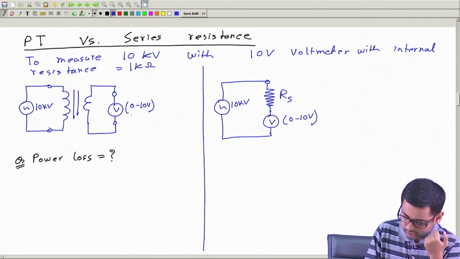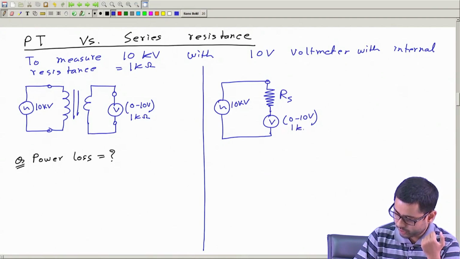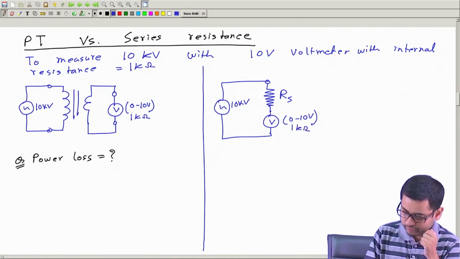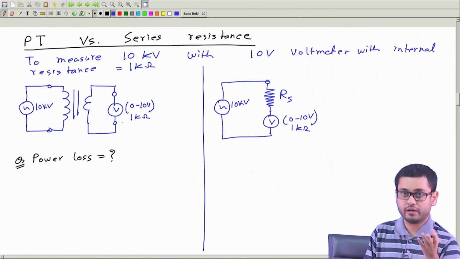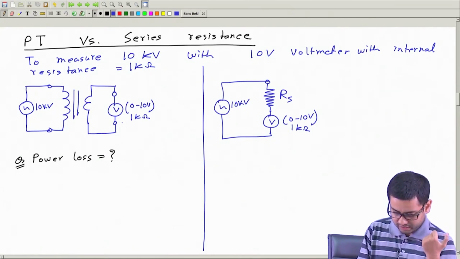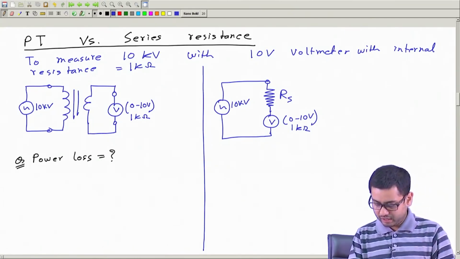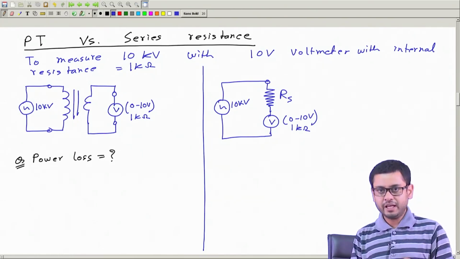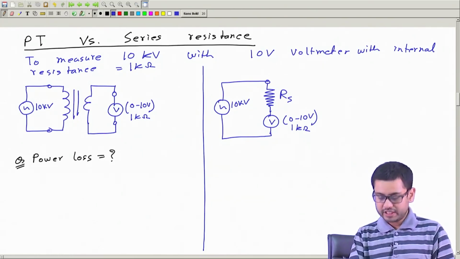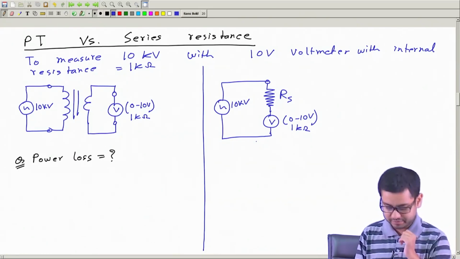So, this has a resistance of 1 kilo ohm. So, we are taking a high value because we know voltmeter should have high internal impedance. Okay. One small thing is that the numbers that I am taking is mainly for ease of calculation, mainly for ease of demonstration. Practical numbers may differ a bit from this example.